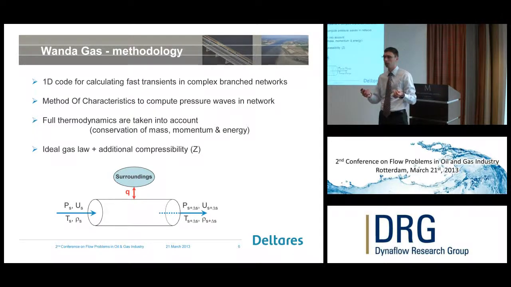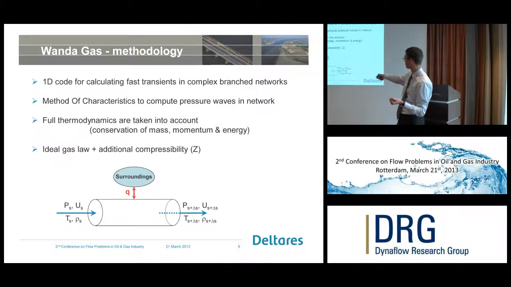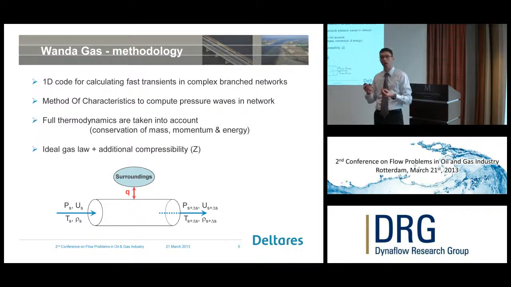And then we found that by tuning the parameters Z and also gamma, the ratio of specific heats, if you choose them in a good way, then you're always on the conservative side. In future we also want to include the real gas, of course.